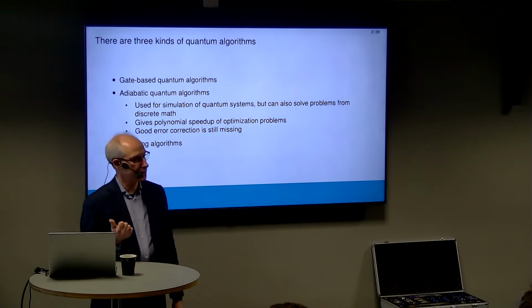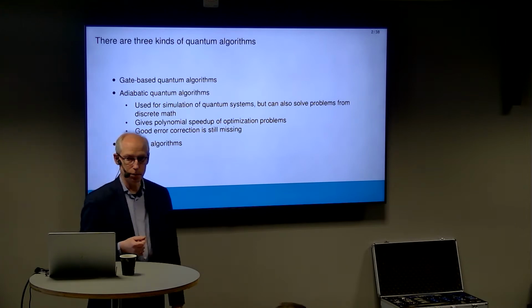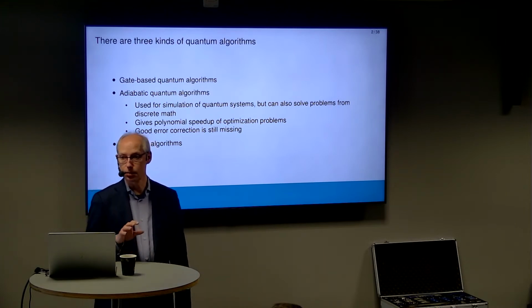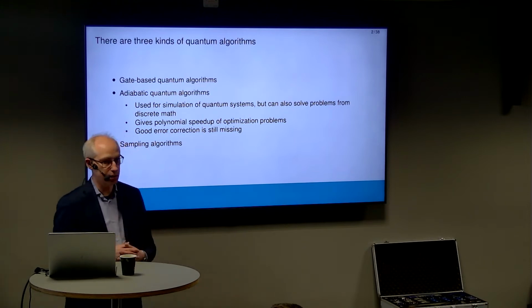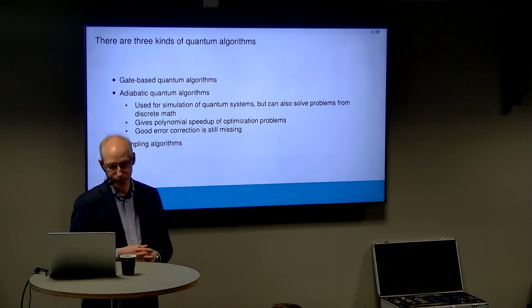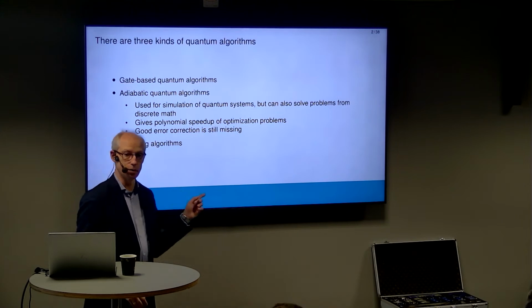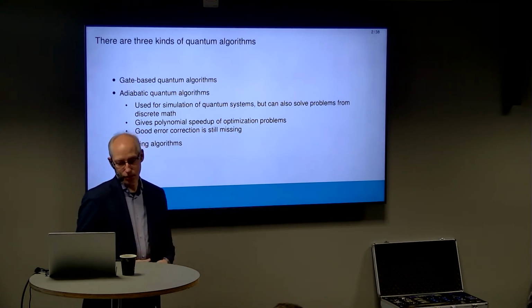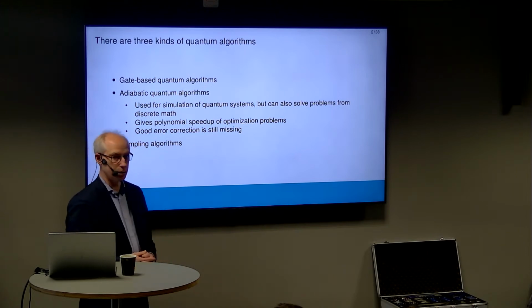You can do optimization with this kind of computer. And if you look at D-Wave's machine, that's what they do. They do optimization problems and get a speed up, not so large a speed up, but still a speed up of the calculations. A problem for this kind of quantum algorithm is that we don't have good error correction. So it's still hard to do this. But if you want to buy a quantum computer today, this is the kind you can buy.